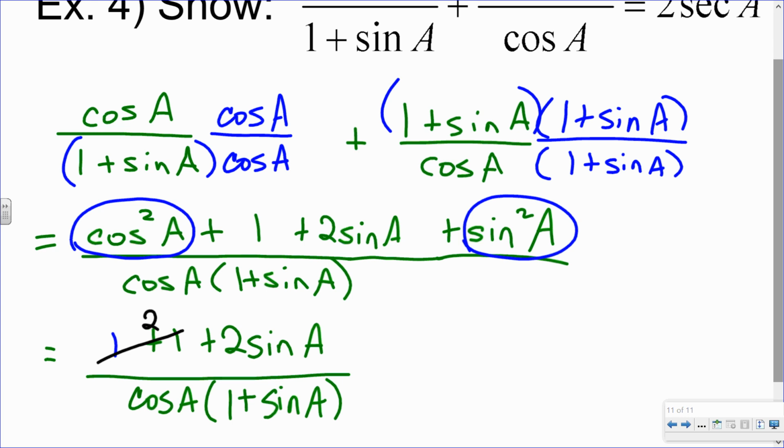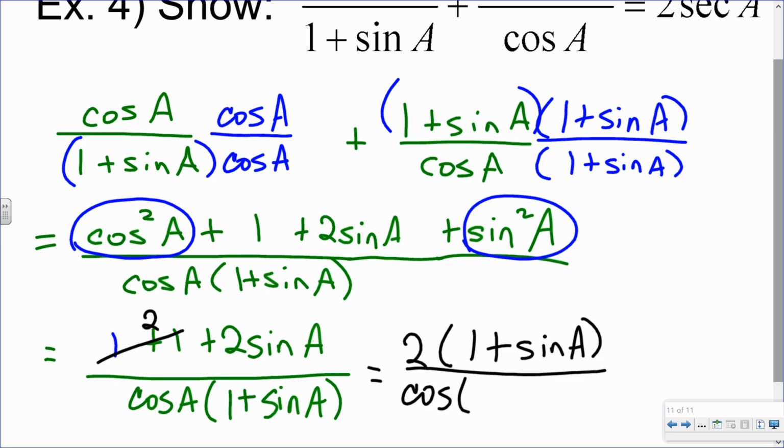What can we do? Factor out the 2. I think both of you were thinking the same thing at the same time. If we factor out the 2 in that numerator, what does that leave? I don't know. Is that going to help us?